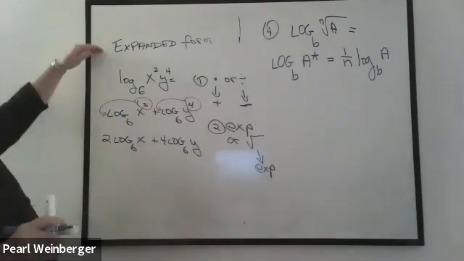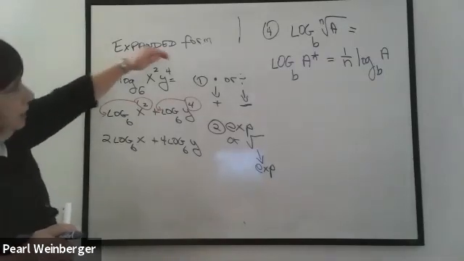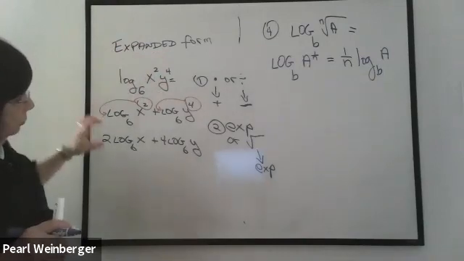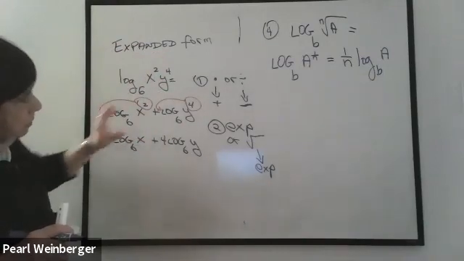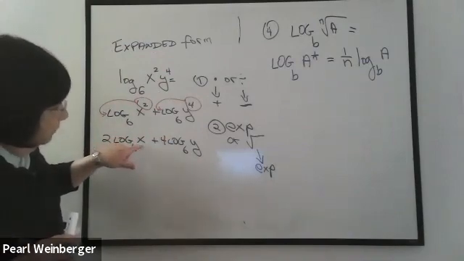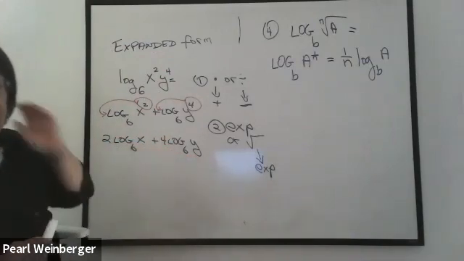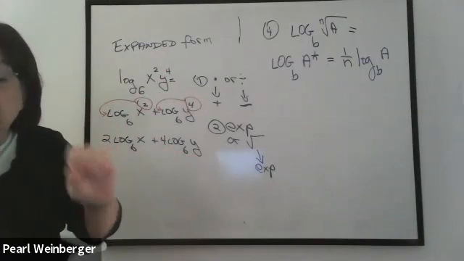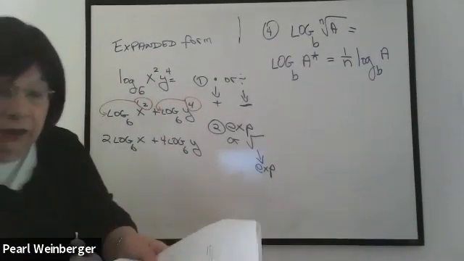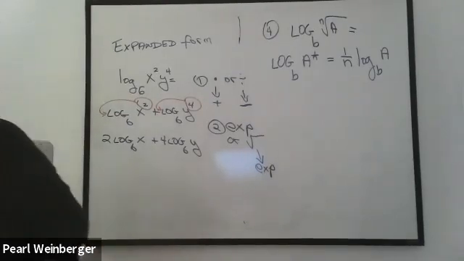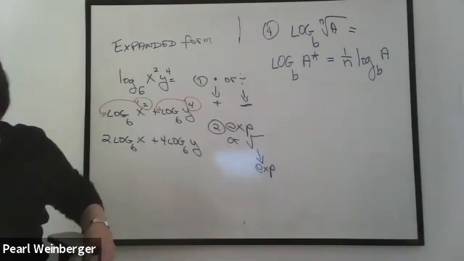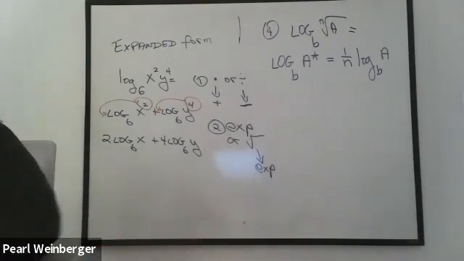I have expanded from the one single log into a couple of logs, but all I'm doing is the log of x and the log of y. I've expanded it into the individual logs. Let's try another one. I'm going to do one more, and then I'm going to give you one to try.